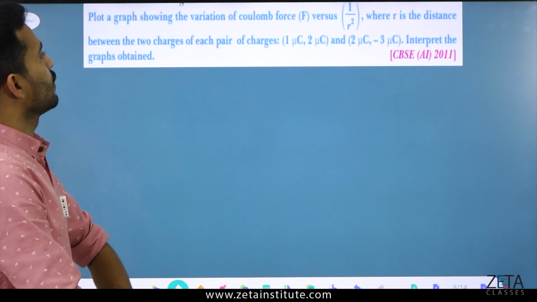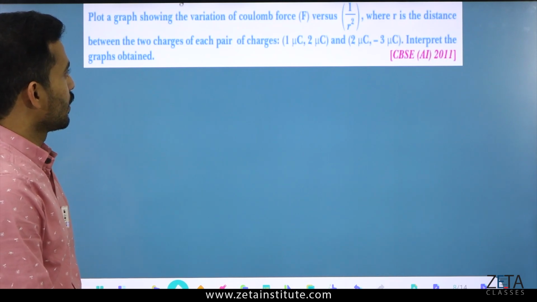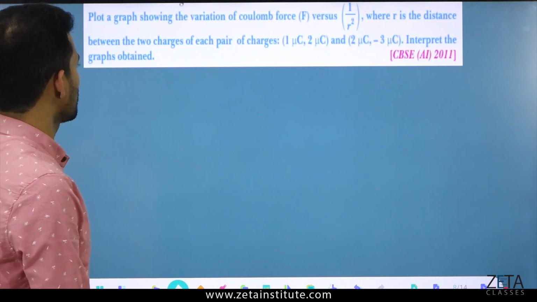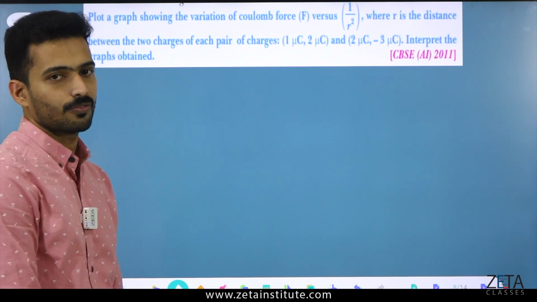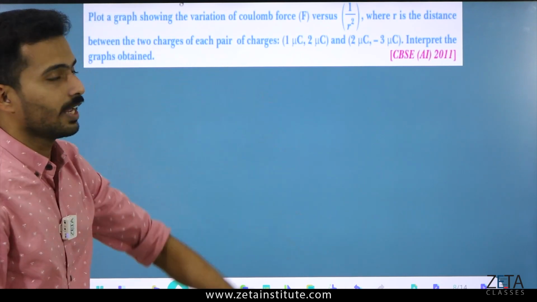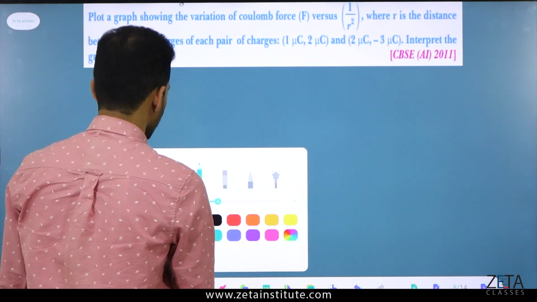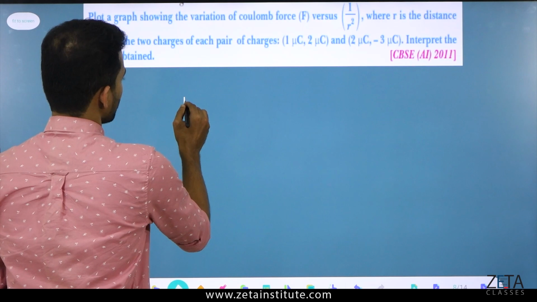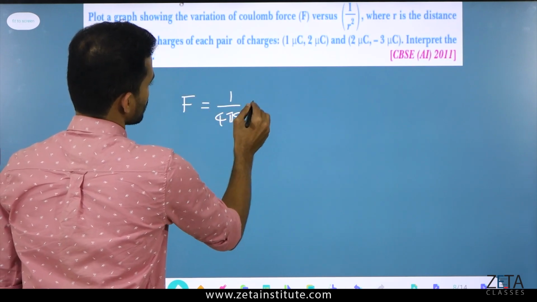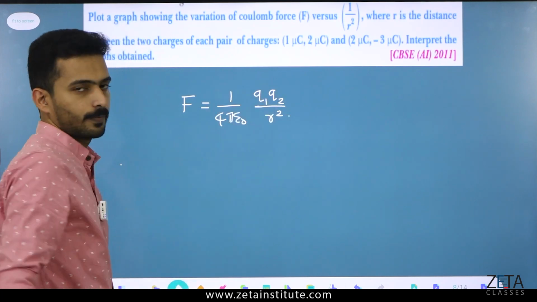Plot a graph showing the variation of Coulomb force versus 1 by R square, where R is the distance between the two charges of each pair of charges. So in both cases you have to draw the graph between F and 1 by R square. We know that the equation to calculate force is F is equal to 1 by 4 pi epsilon 0 Q1 Q2 divided by R square.